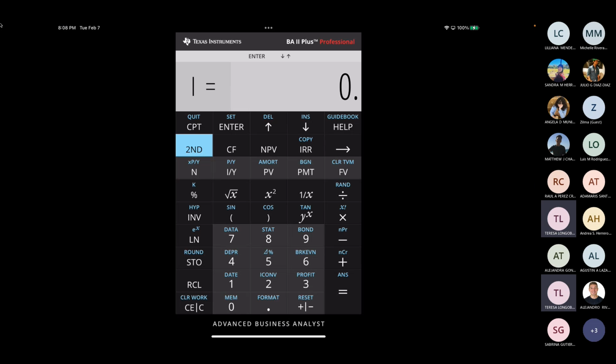Compute NPV, and I say 8%, enter, and scroll down. And then I have to ask to compute again. So if you don't have this calculator, you have another one. It's a little more complicated, but once you learn, it's not so hard. The HP is similar, HP 10B.